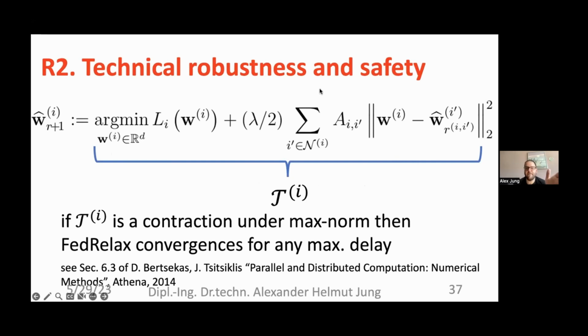And still, if you repeat this iteration sufficiently often, you get closer and closer to the solution of GTV minimization. This theory is nothing brand new; you can find results of this type in the textbooks of Bertsekas, which is, I would say, my favorite Greek, current Greek.